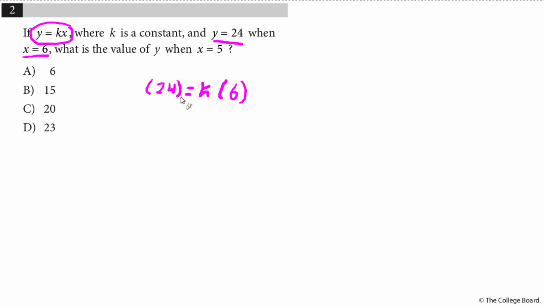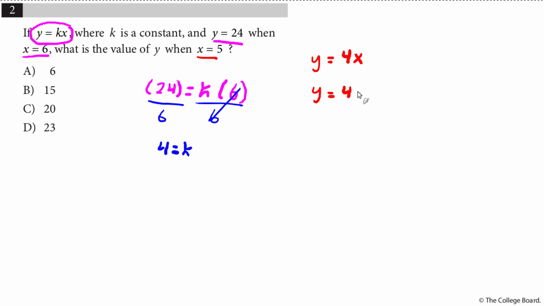Solving this equation, I'll divide 6 from both sides and get that k will equal 4. And then I can use that information to rewrite this equation with my known k value, so y equals 4x. And when x is 5, I will get y is 4 times 5, which will be 20.